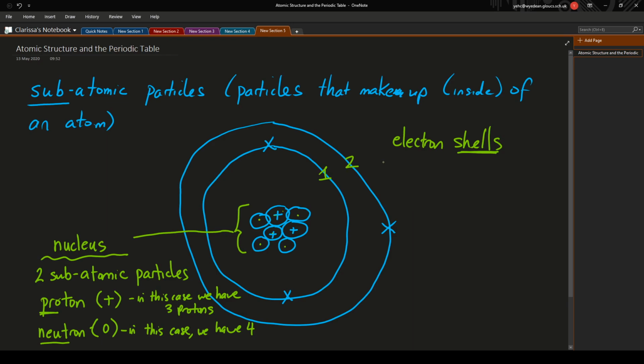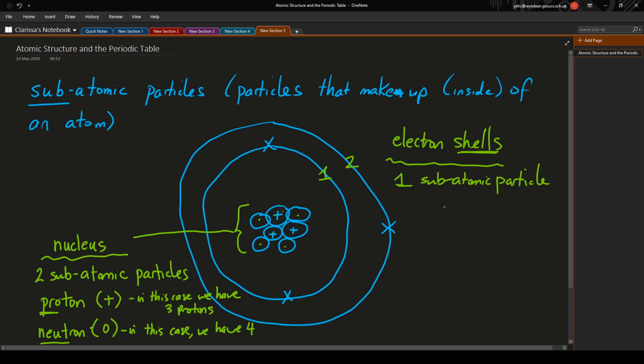And they have only one subatomic particle that lives there. And that subatomic particle is known as the electron. And those are negatively charged. In this case, we have 1, 2, and 3.